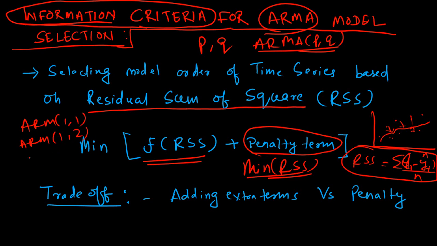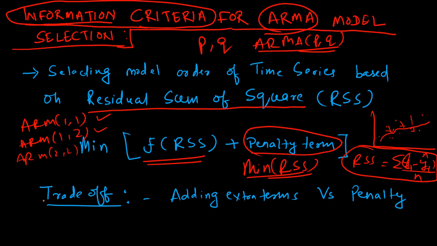What you essentially do is you fit the ARMA 1 1 and ARMA 1 2, or let's say ARMA 2 2 also, and then compare their fitness level, right? The one which is fitting you more, or the one in which you will see the residual sum of square is minimum, is the best one, right? Because it's best fitting your data.